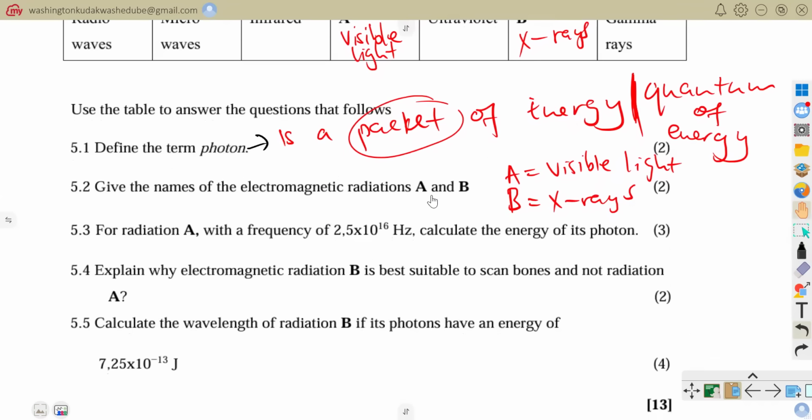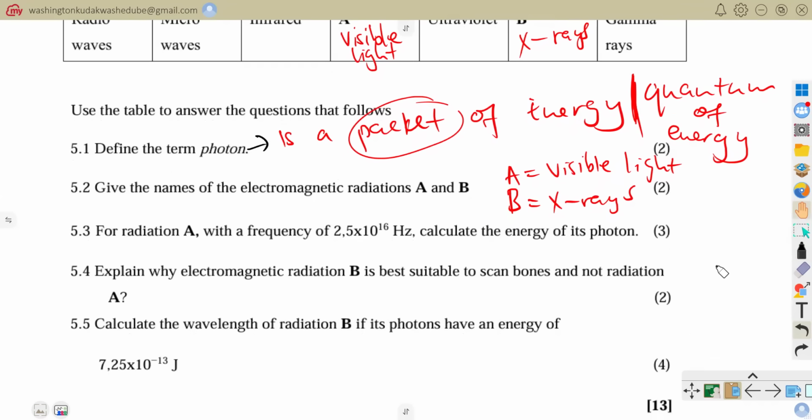So here we need to calculate the energy of a photon having a frequency of 2.5 times 10 to the power 16 hertz. Here we are given the frequency. So we know that the energy of a photon is given by H times F, where H is Planck's constant and F is the frequency.